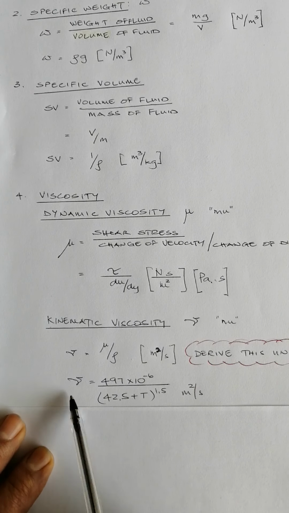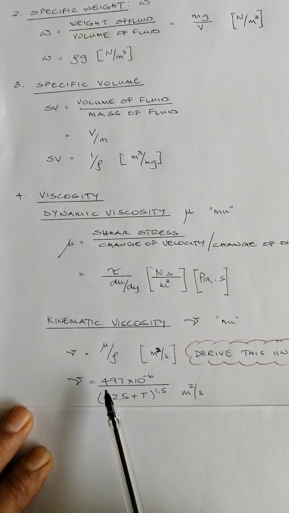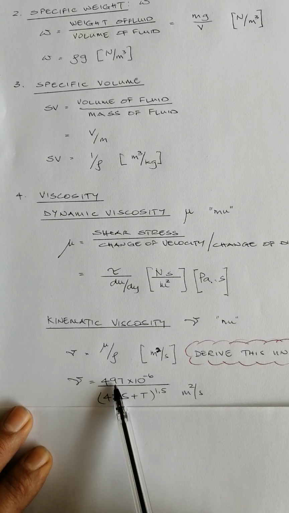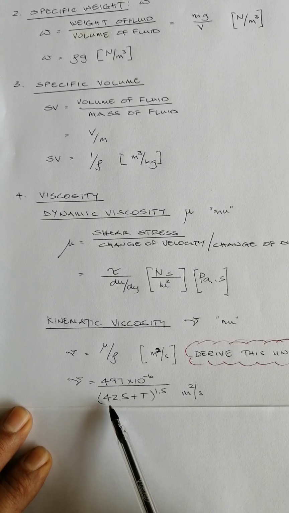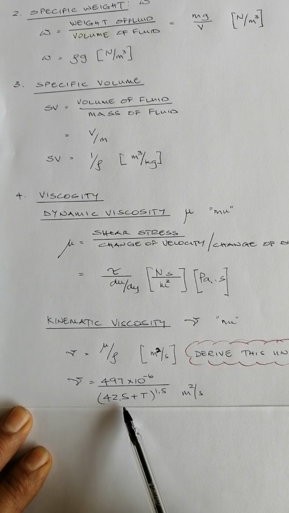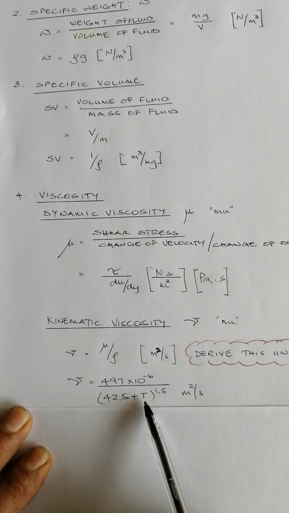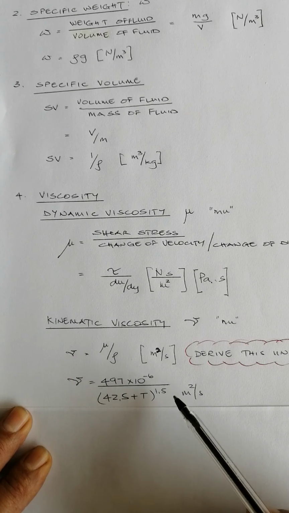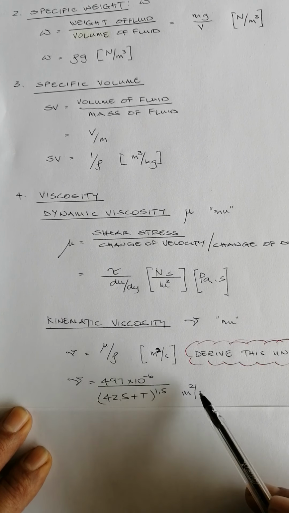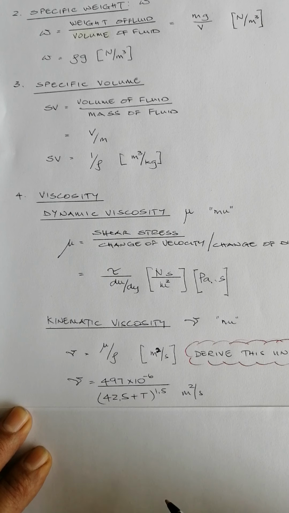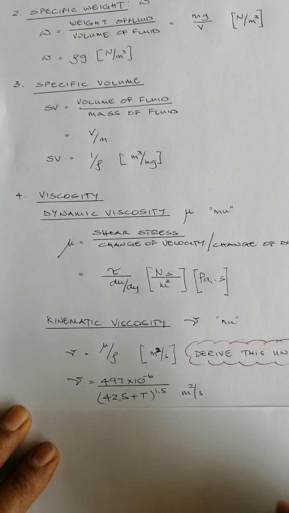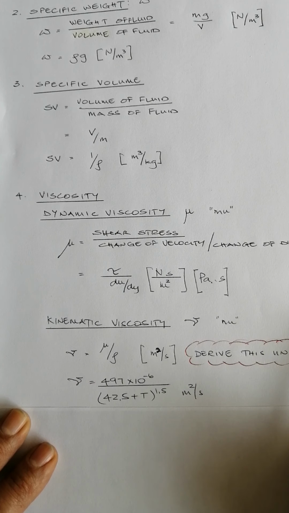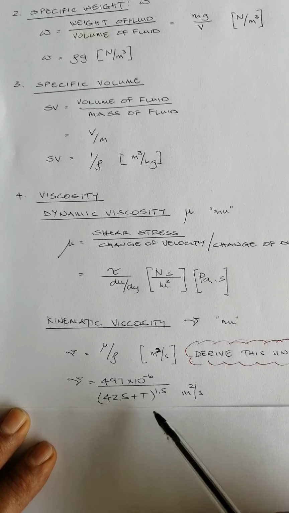So we find out that your kinematic viscosity is equal to 497 times 10 to the power minus 6 divided by (42.5 plus t) to the power 1.5 square meters per second. The t in the equation there is your temperature in degrees Celsius, not Fahrenheit, not Kelvin, degrees Celsius.